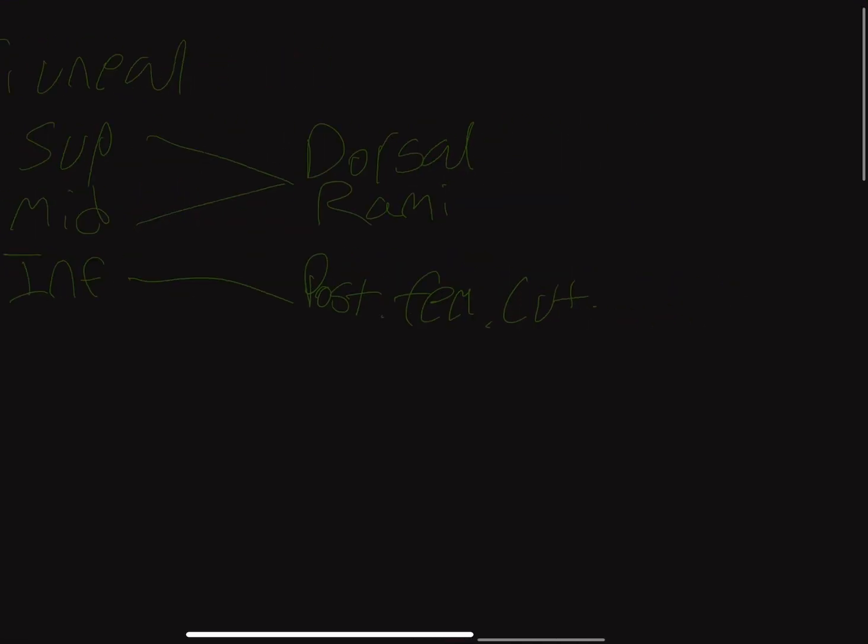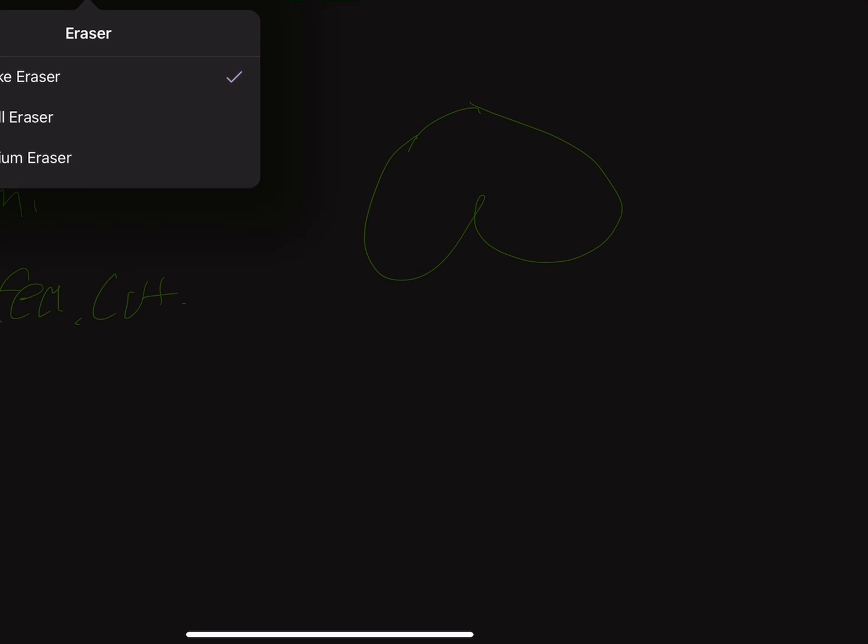But how is that relevant, right? So I'm going to draw a butt, okay? Oh, it's a terrible butt. But let's erase some of this. There we go. Terrible butt, but you get the point. Your superior is going to kind of innervate this part.